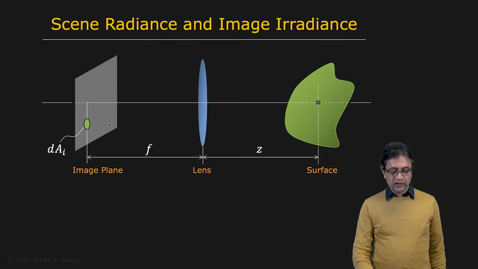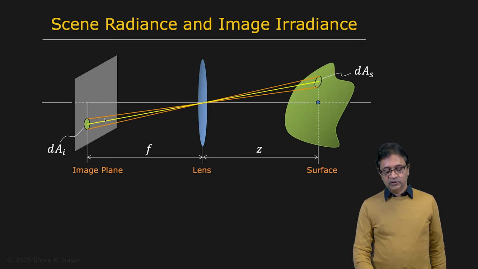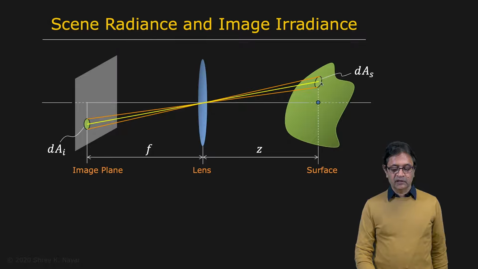And let's assume that we are looking at the intensity captured by this pixel right here. And the pixel has an area dAI. And this pixel is observing, through perspective projection, this patch in the scene which has an area dAS. And let's assume that this patch has an orientation N, and that makes an angle theta with respect to the line of sight, which is the yellow line shown right here.